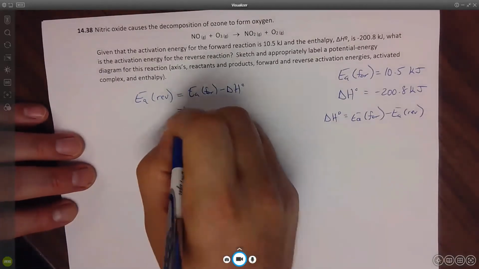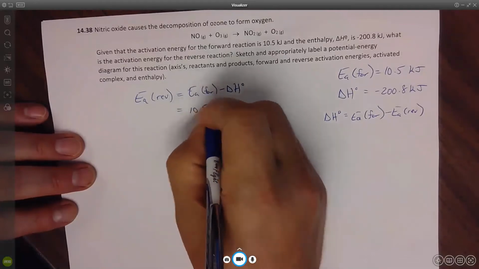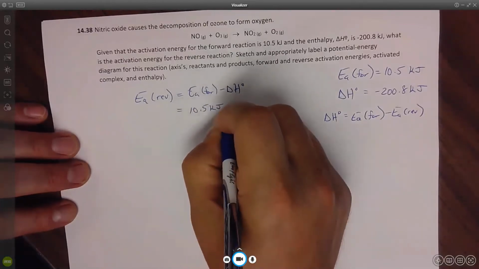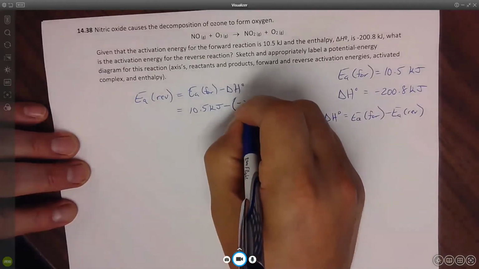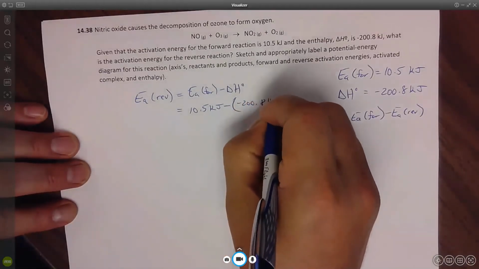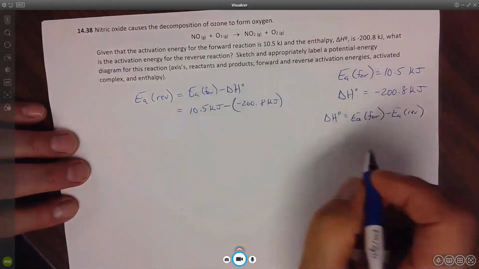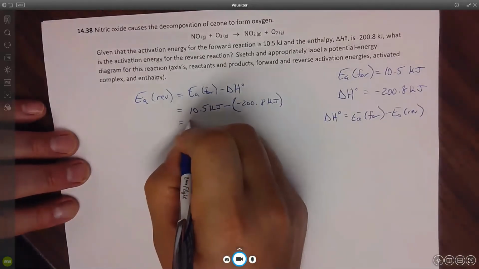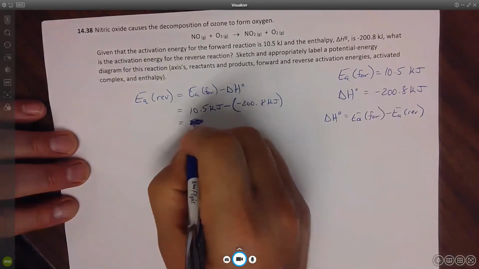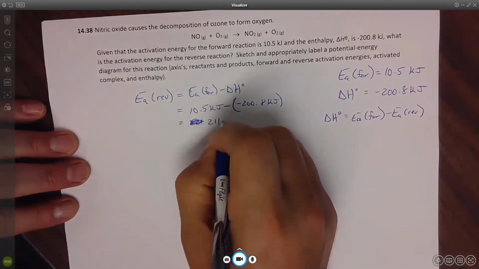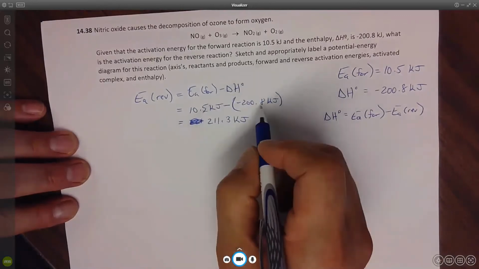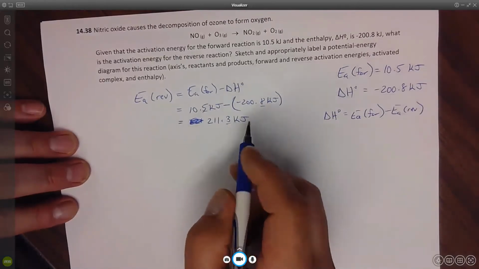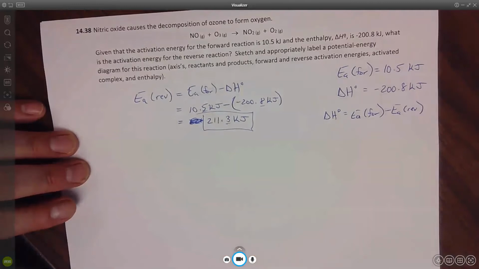So the forward was 10.5 kilojoules. We'll subtract from that the negative 200.8 kilojoules. And that is going to give us a value then of 211.3 kilojoules. So that is the actual answer. Okay.